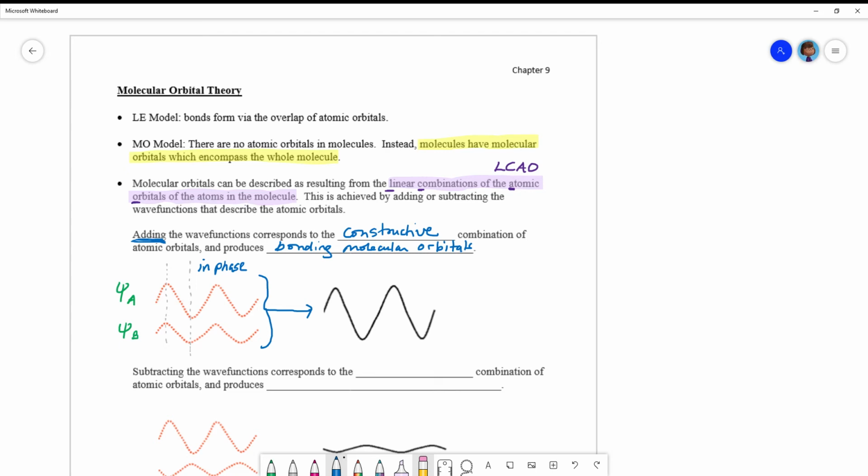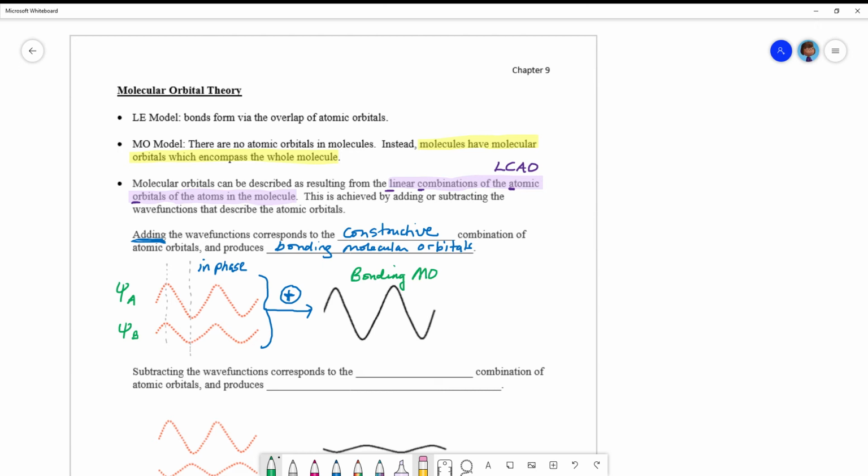And I'm going to represent this constructive interference using a plus because we are adding our wave functions together. And we get this new wave here. Well, let's think of this new bigger wave as a bonding molecular orbital. So we get a bonding molecular orbital.